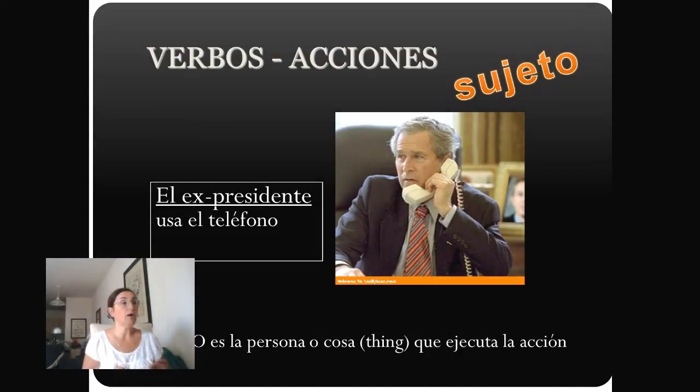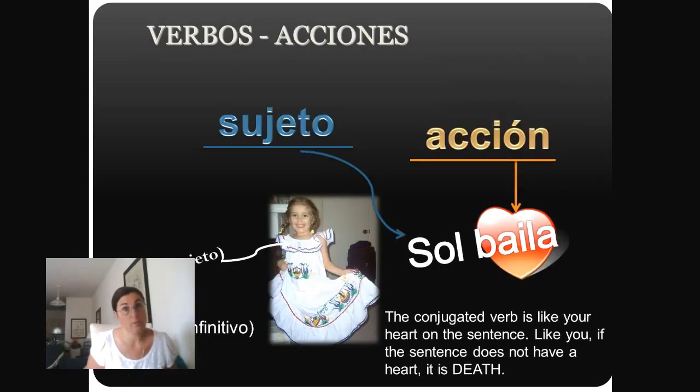And now you have a subject. We have to match that subject with the verb. All right? So el sujeto es la persona, cosa que ejecuta la acción. Subject is the person or the thing that performs the action in the sentence.